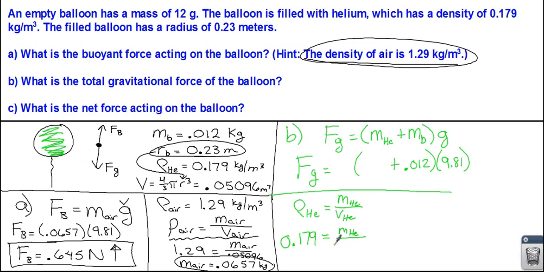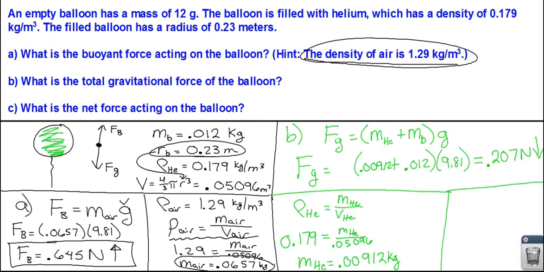We've got that already, 0.05096. Solve this, and we get the mass of the helium is 0.00912 kilograms. You might be thinking that's pretty small. Well, this is 9.12 grams. This is 12 grams. They're very close. We cannot ignore the helium. It is not negligible. Substitute everything in there, solve, and we get the gravitational force as 0.207 newtons, and that is downward.